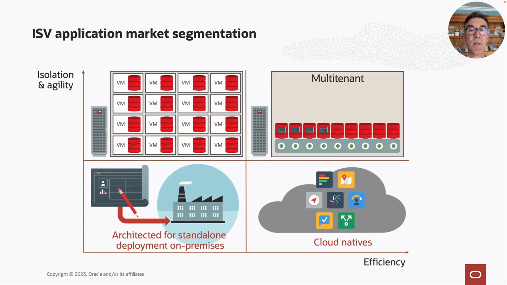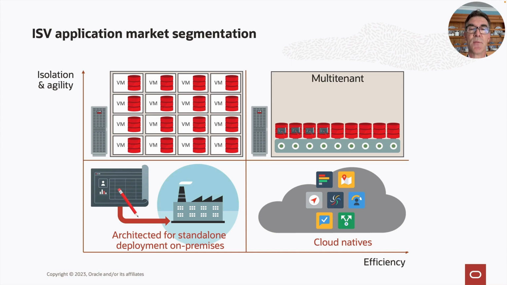As for the cloud natives, they already have fantastic economies of scale. The problem is that they've achieved these at the expense of isolation and agility. SaaS built this way involves the highly uncomfortable compromises that we've been discussing. It's bad enough if you started to build your app this way.